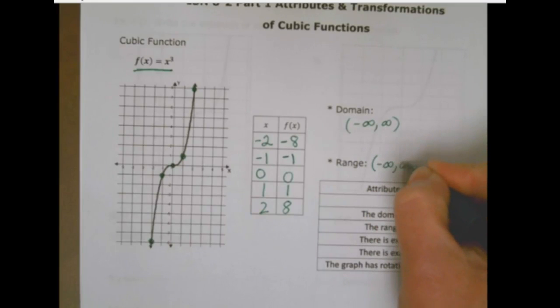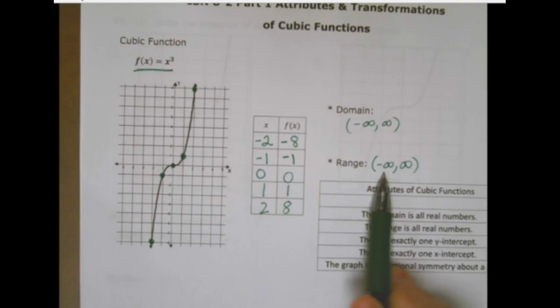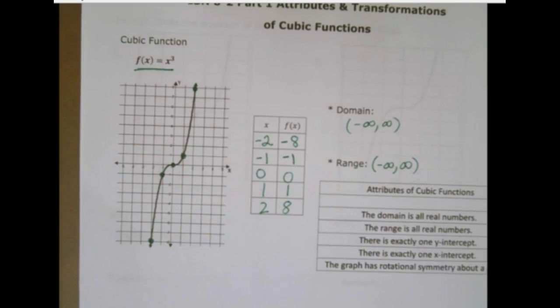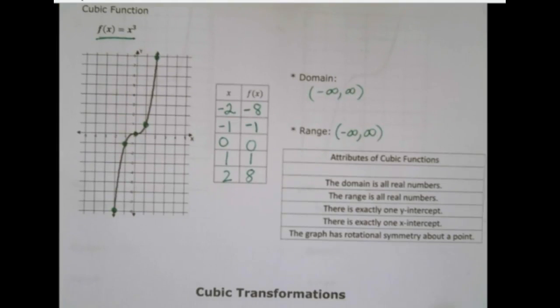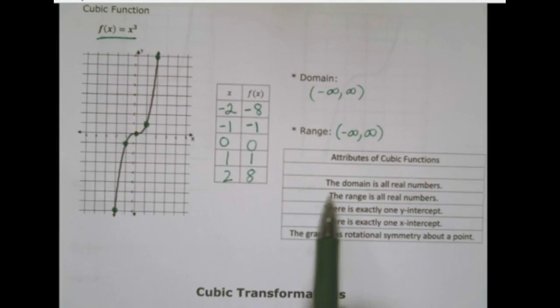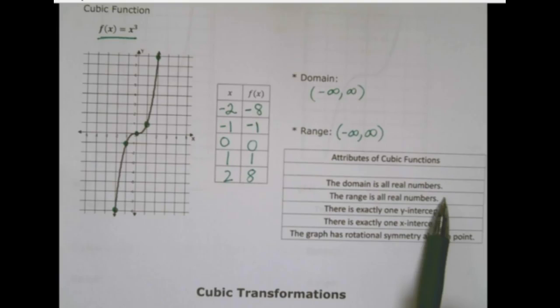I should have said it the other way around. It's negative infinity to positive infinity. These key points and these key attributes in this chart are things you need to memorize. This is one of your parent graphs. And so the domain is all real numbers. The range is all real numbers.